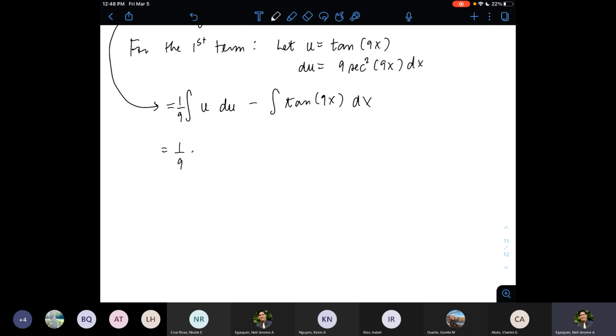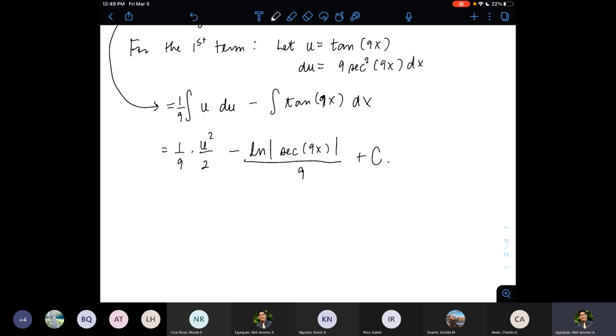So this is 1/9 u squared over 2, and then the integral of tangent 9x, there's a formula for it. It's elementary in form. So this is minus ln of the absolute value of, I guess this is secant 9x all over 9 plus the arbitrary constant c. There's an over 9 because here I will let w be equal to 9x.